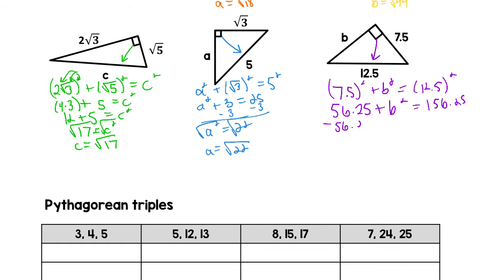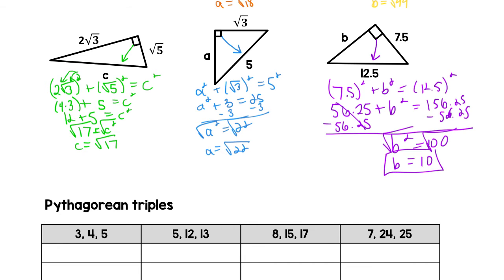We can subtract 56.25 from both sides. And we get b squared equals 100. When we square root, we get b is 10. That's fancy when we just get a whole number like that.